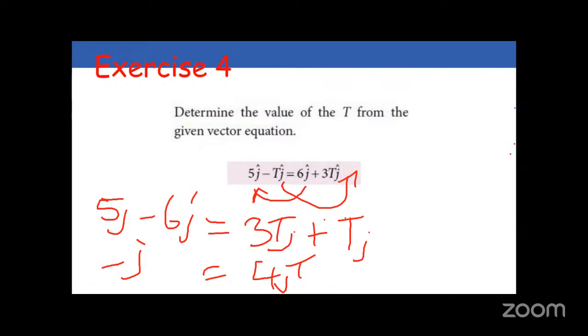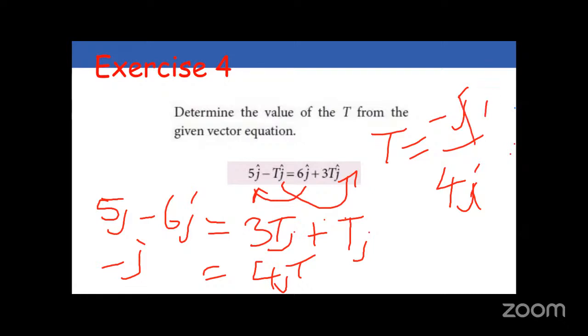Now I isolate t and divide through by 4j, that will give us minus j over 4j. So j cancels j.